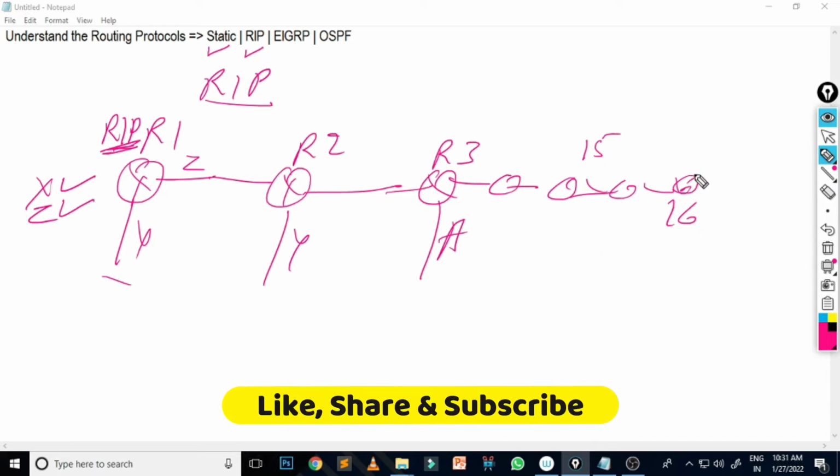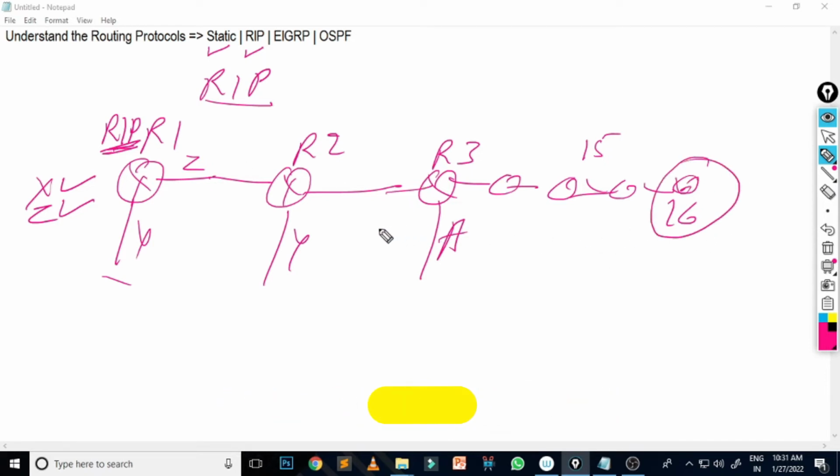If you check the routing table of the 16th router, you will see the router number 1 information is not available there. Why? Because, if I talk about the characteristics, RIP can only advertise data up to 15 routers. And second, it takes a lot of time.